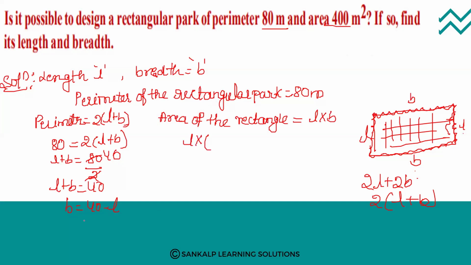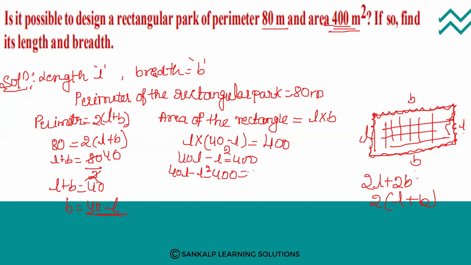B value is 40 minus L, just now we calculated. So L into 40 minus L is equal to area they have given, that is 400 meter square. L into 40 is 40L minus L into L is L square, equal to 400. Transfer this 400 to this side. So 40L minus L square minus 400 is equal to 0.